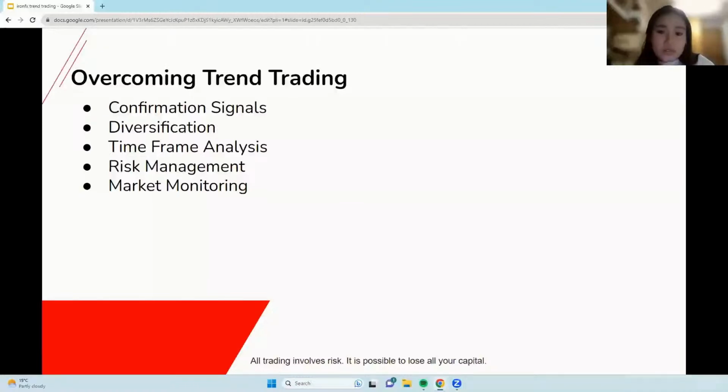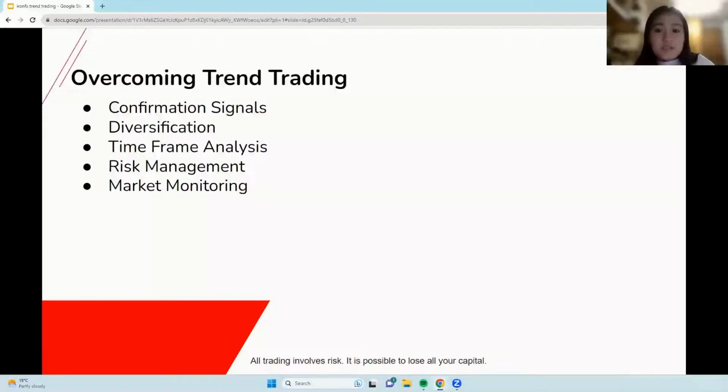These can be used as confirmation signals, or you can use additional technical indicators or chart patterns like we saw earlier when we were talking about confluence and using different indicators to support a trade or to support a trend. When you use multiple indicators and technical analysis tools to confirm your trend signals before entering a trade, it can help to filter out any false signals and also increase the accuracy of trade entries.